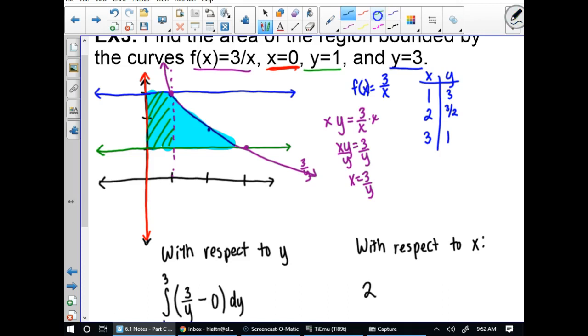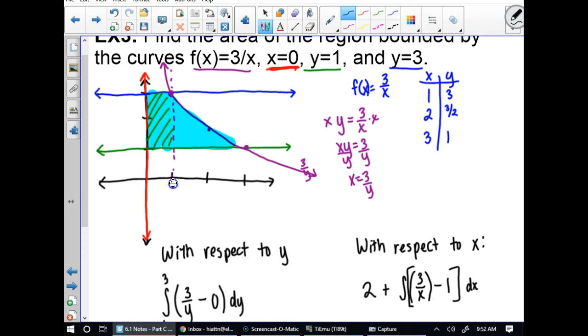Then we would have to add our integral here. So here, what is the top function? The f of x. So that is 3 over x. And what's the bottom function? 1.